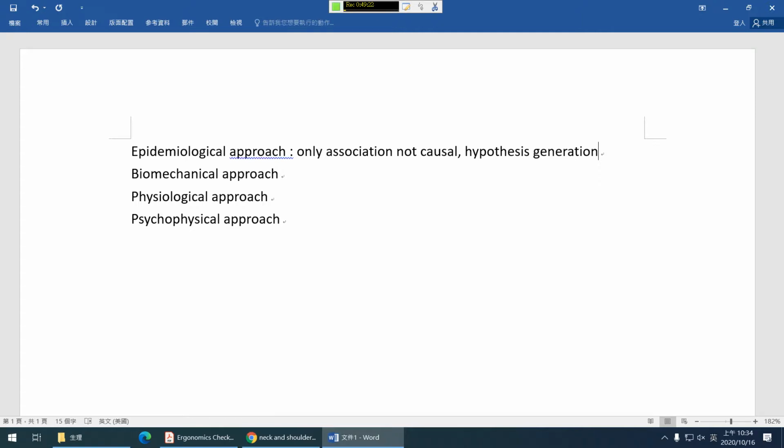So there's a joke. We see a person with low back pain, and he goes to see the doctor. And then he sues the company because this job caused his low back pain. He asks for compensation, for money.